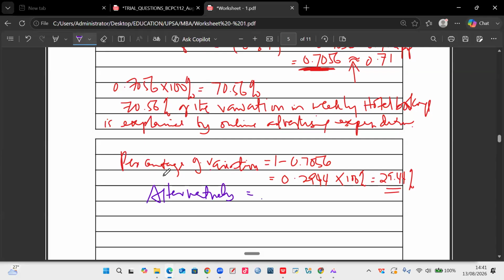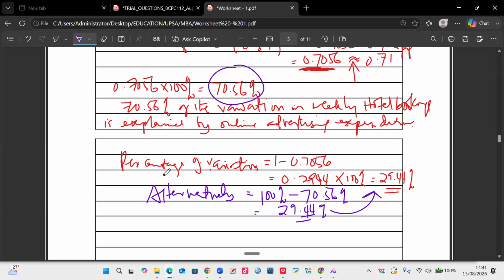Alternatively, you can pick the entire 100% and subtract this 70.56 from it. So 100 minus 70.56 is 29.44.